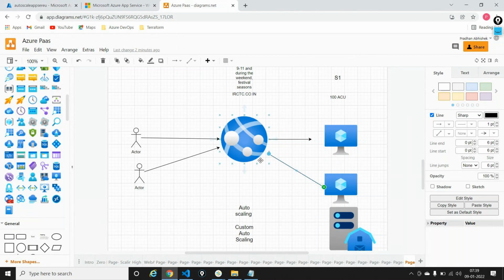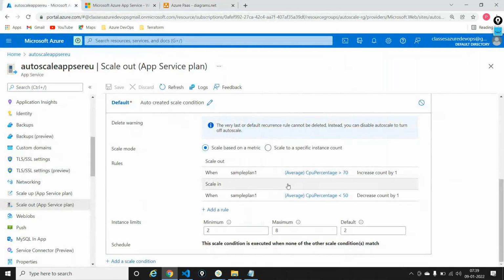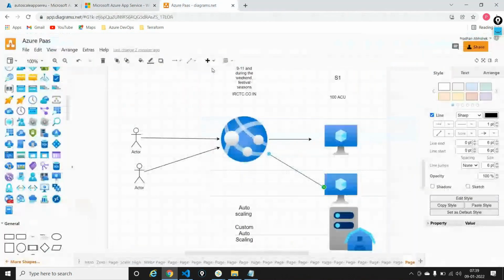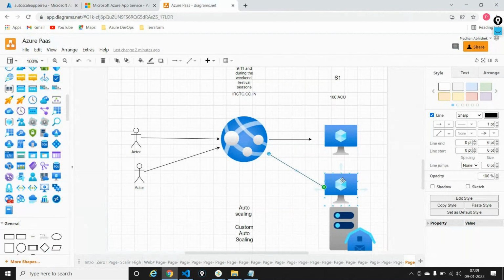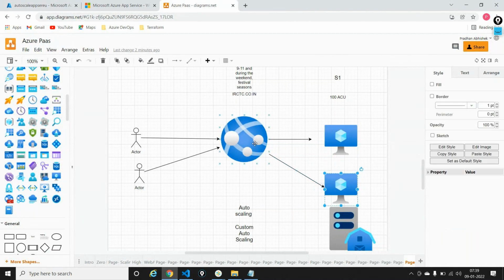But whenever you observe that the CPU percentage of the two machines is going beyond, and that's the reason this is called average, this plus this divided by 2, if the utilization of this machine and this machine averaged is more than, let's say, 70 percent, then please go ahead and add a machine here.